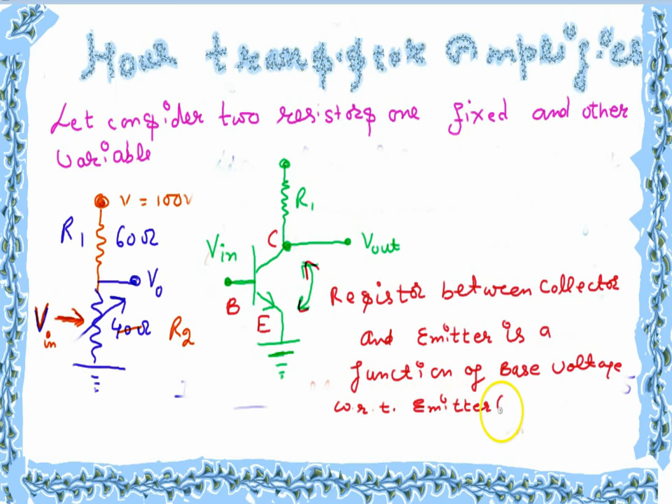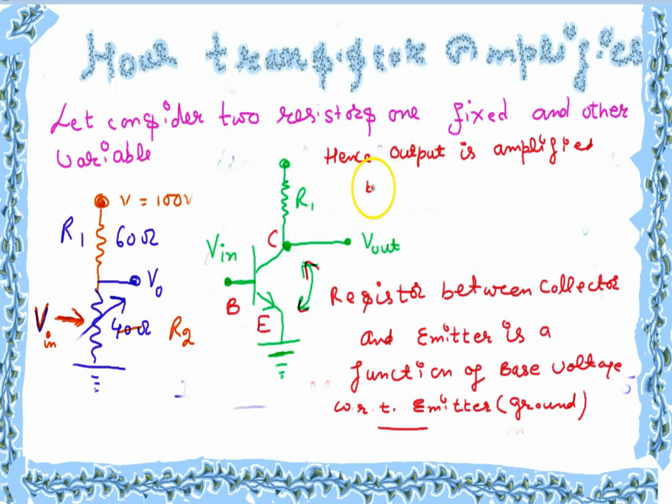So any change in V in will give a change in V out. If V in is in millivolts, V out will be in volts. The same change appears at V out. So this is how the signal amplifies.